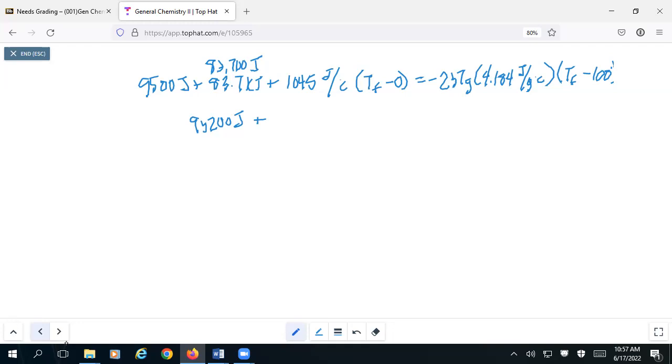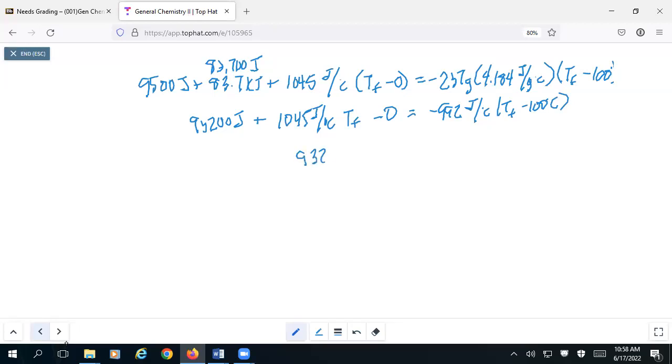And I'm going to go ahead and expand this. 1,045 joules per degree Celsius times TF minus 0 is equal to negative 237 times 4.184, which is negative 992 joules per degree Celsius, times TF minus 100 degrees Celsius.